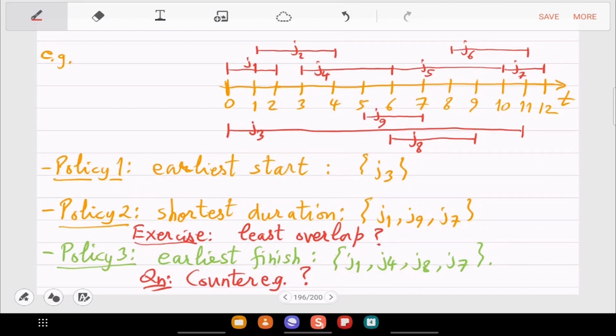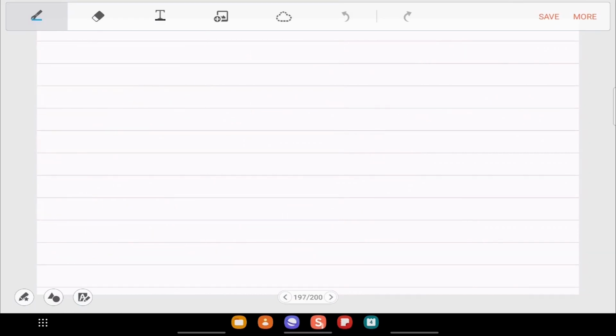Okay, so the proof will be in 2 lemmas, which we have to do tomorrow, next time. And this will be the template for greedy algorithms and their proofs. Okay, so the template is once you have fixed your policy. Now, always your challenge in the exams and assignments will be that there will be many policies.